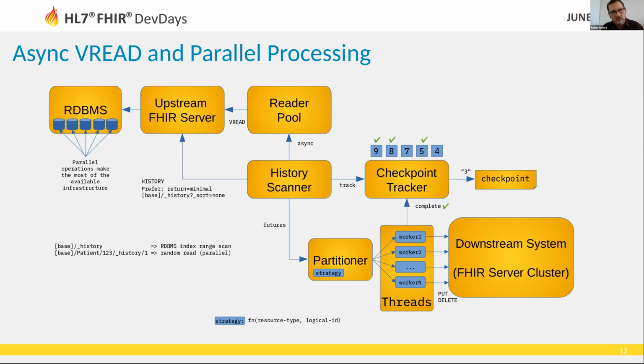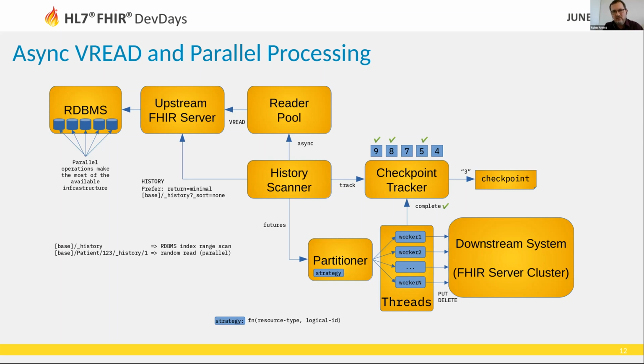But there's also ordering that's important in some respects, and that is that for a single resource, you want to make sure that the versions get applied in the correct order. In other words, you don't want to post version 2 of a resource before you've posted version 1. You can do this quite easily just by partitioning the data based on the resource type and logical ID.